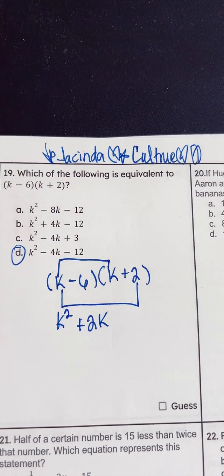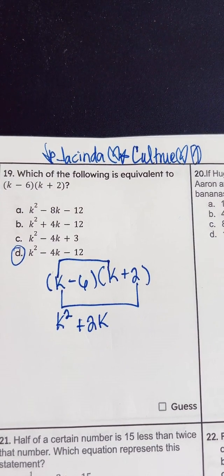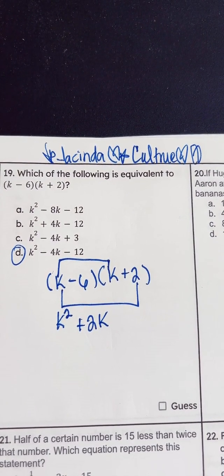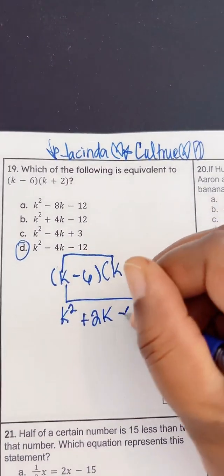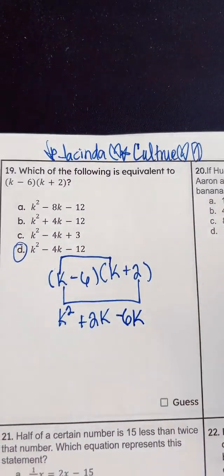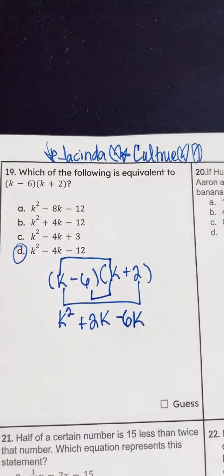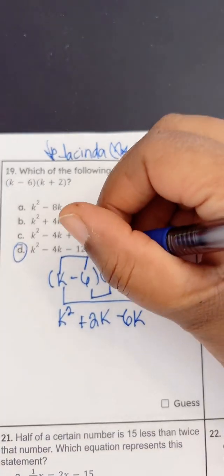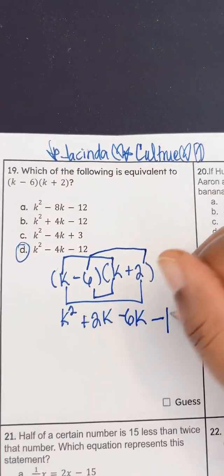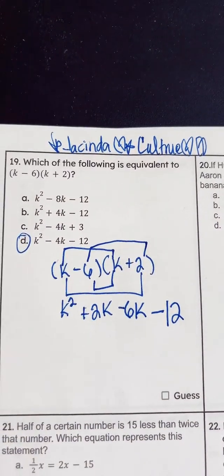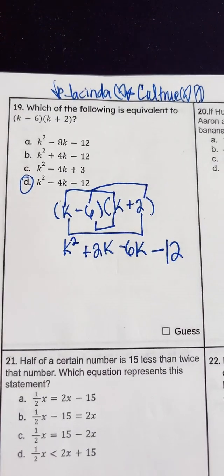Negative 6K. Beautiful. We got our inner. Wonderful, you guys. And our last is going to give us negative 12. So perfect. Okay.